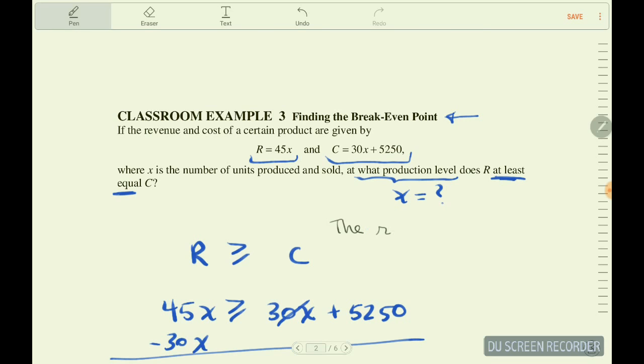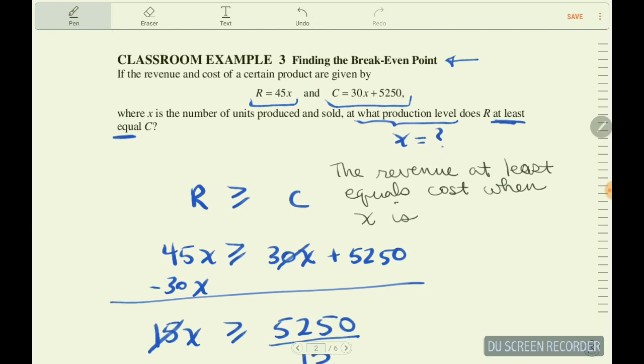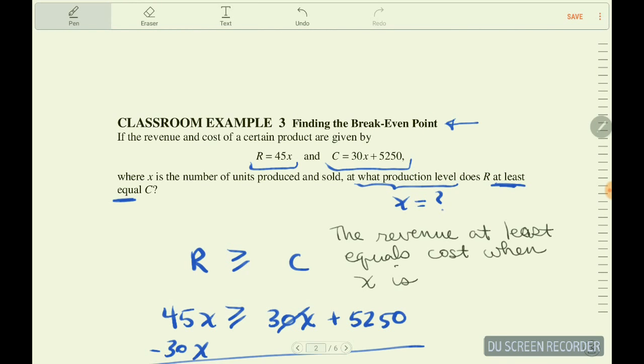The revenue at least equals cost when X is, what was it? Greater than or equal to 350.